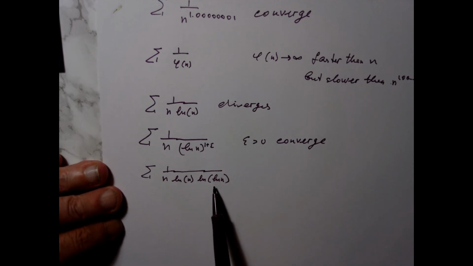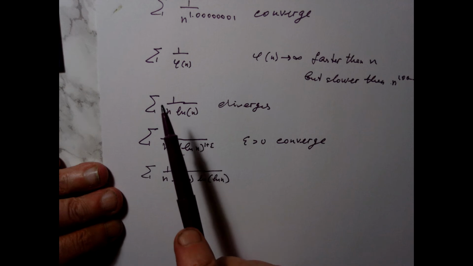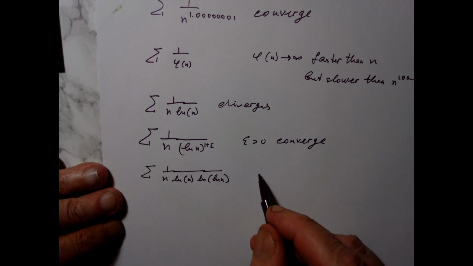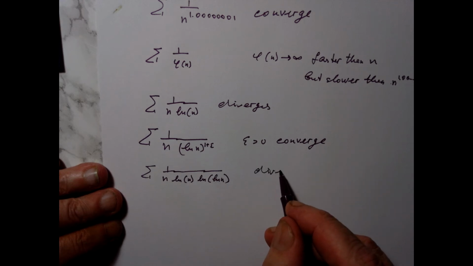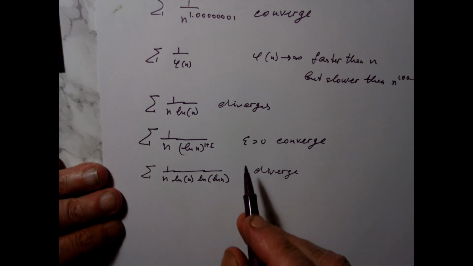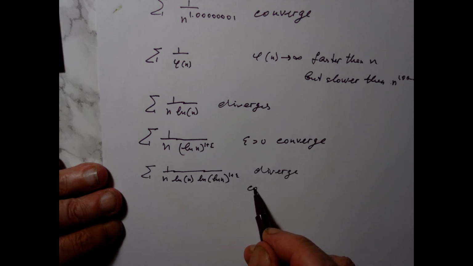And this, remember, tends to infinity, so this will converge to 0 faster than this, but slower than any one of those guys. And it turns out that this series diverges, but guess what happens? If I put a little bit bigger term here, if I change it to 1 plus epsilon, now the series would converge.